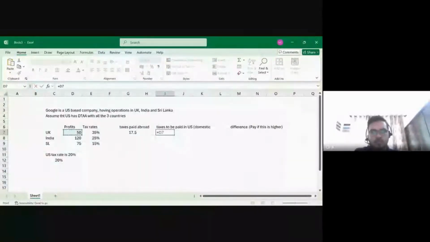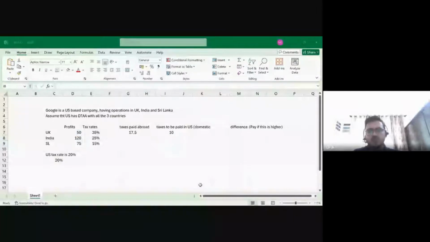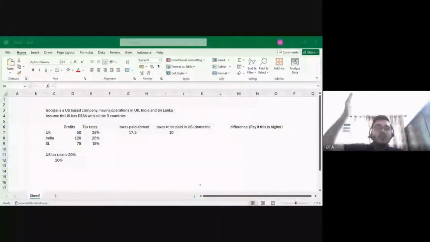The calculation will be 50 multiplied by 20%. So had this 50 million, in a sentence if I have to say, had this 50 million been earned in US itself, the taxes would have been 10. So they have already paid 17, and if they were in US, they would have had to pay 10. So it's basically saying that they've already paid a higher tax than what they would have otherwise paid.